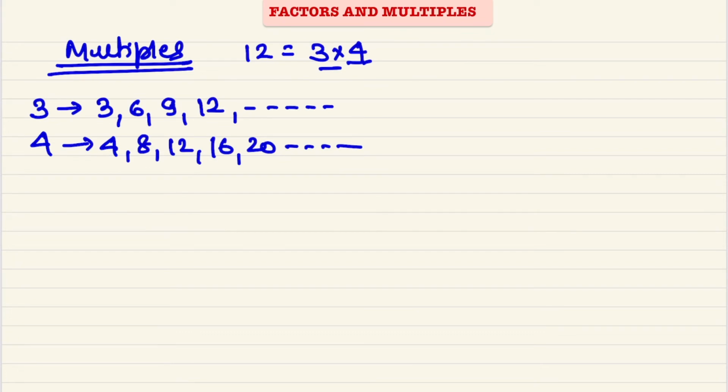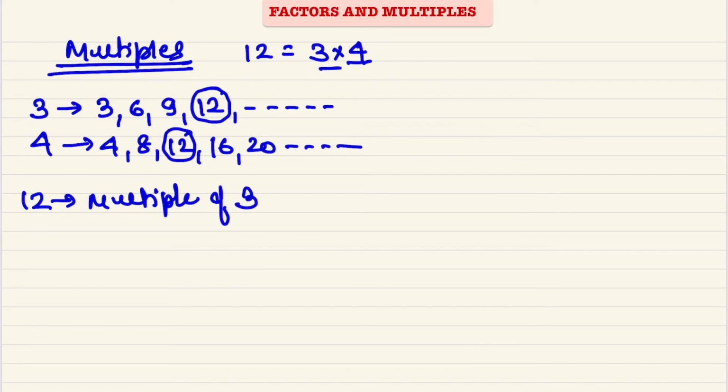So we see that 12 is a multiple of 3, 12 is a multiple of 4. So 12 is a multiple of 3, it is also a multiple of 4, right?